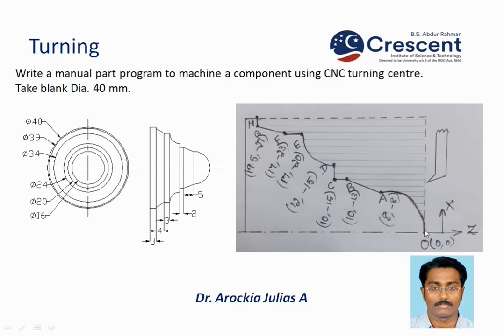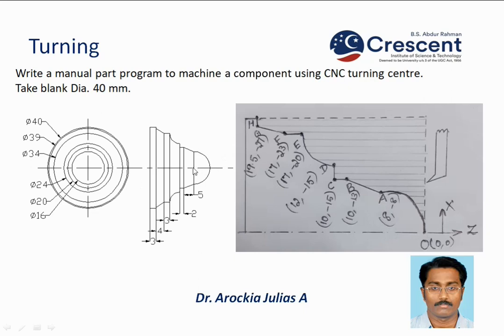Now if you look at the profile, there is an arc. In the given question, it is of dia 16, so the radius will be 8. You will understand that it is a semicircle.